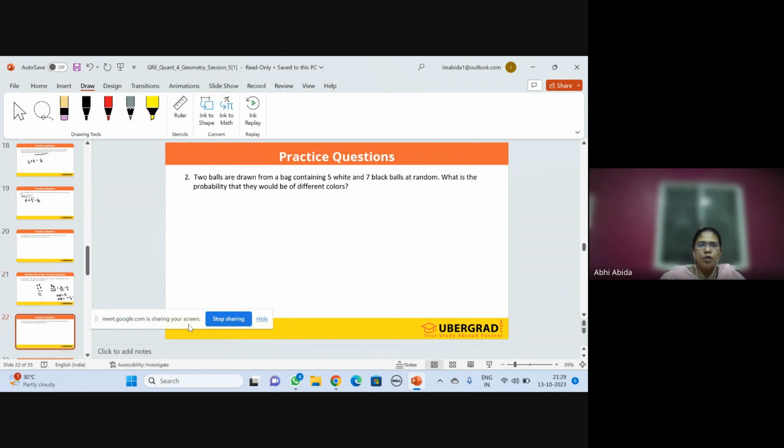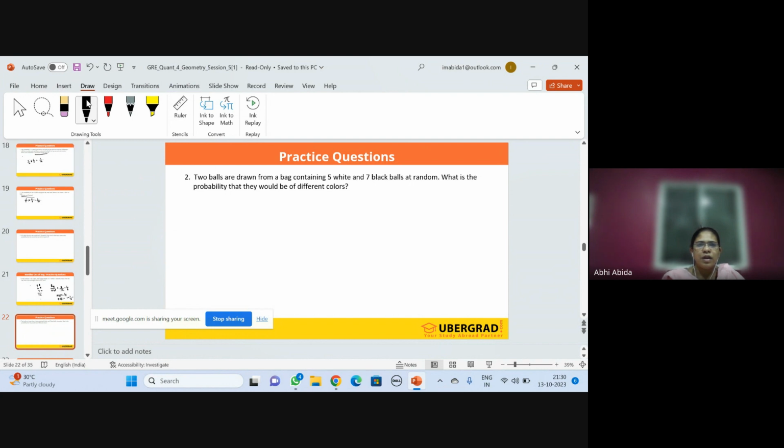2 balls are drawn from a bag containing 5 white and 7 black balls at random. What is the probability that they would be of different colors? So 2 balls are being drawn here.